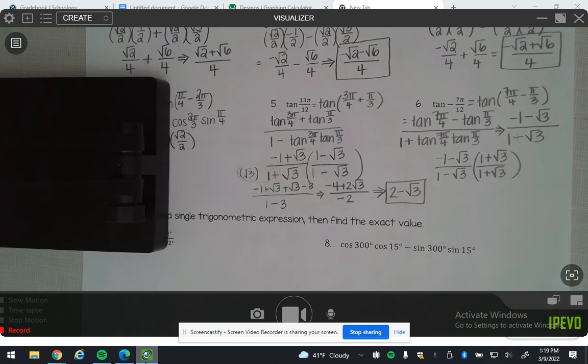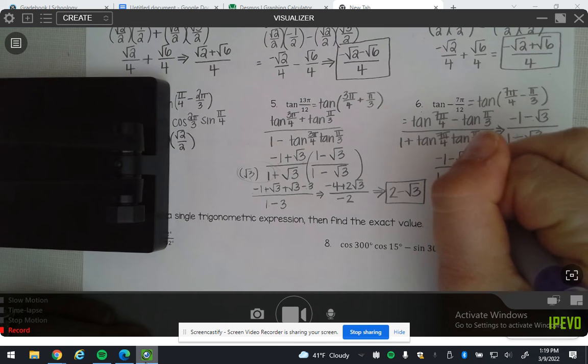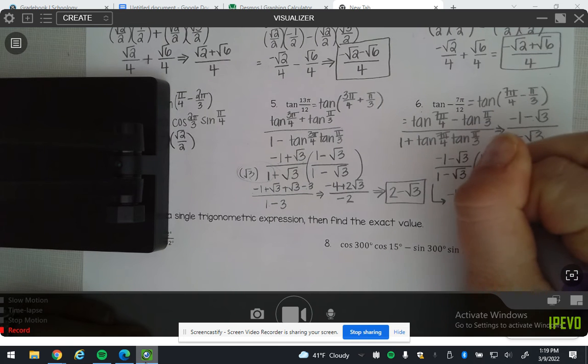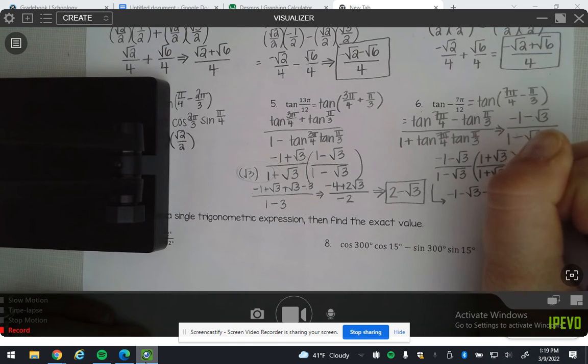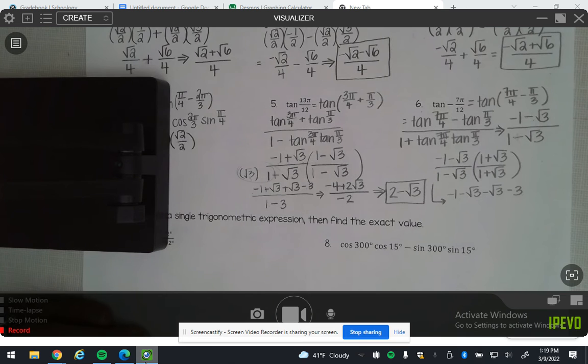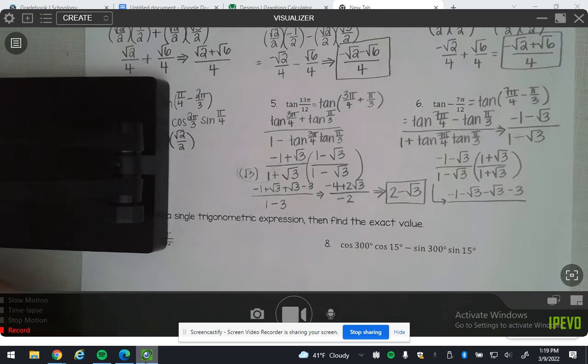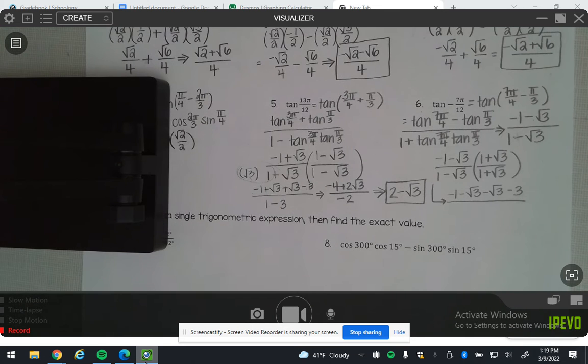Multiply by that conjugate. 1 plus radical 3. I'm going to come down here. So I have -1 minus radical 3 minus radical 3 minus 3. All I did was distribute. Is everybody okay with me distributing there? Divided by what two things do I multiply in the denominator?